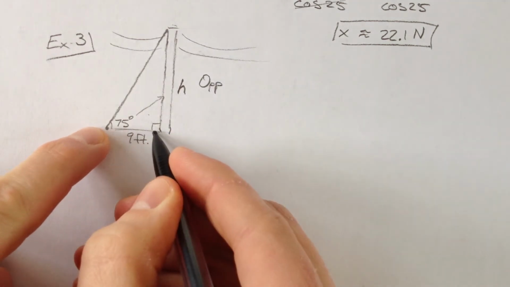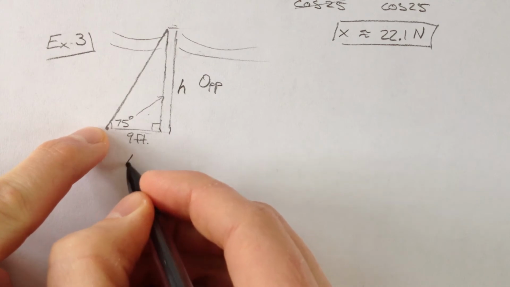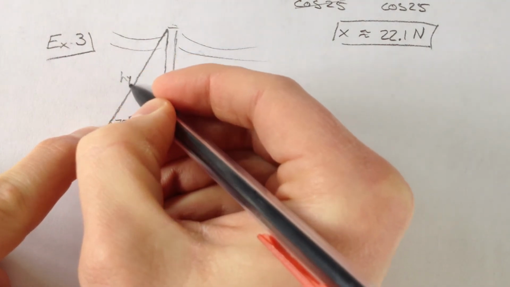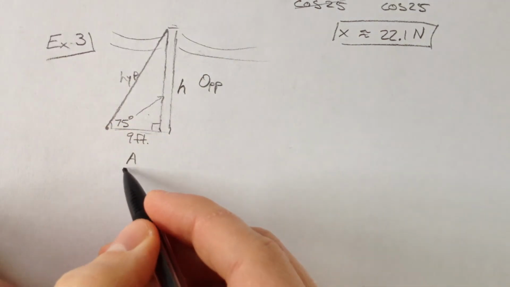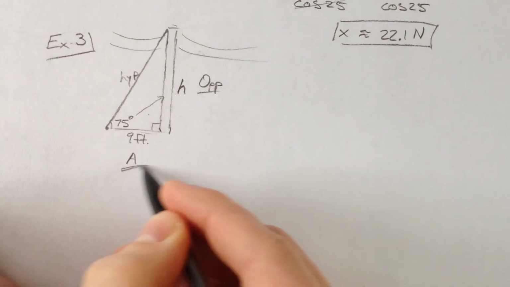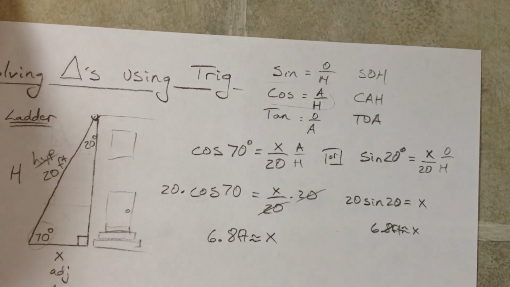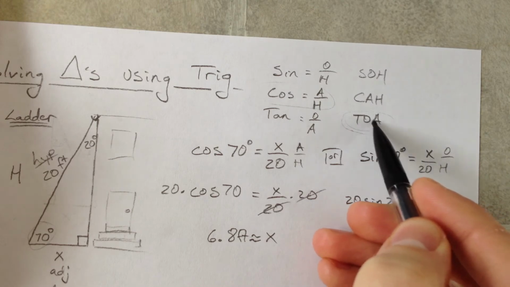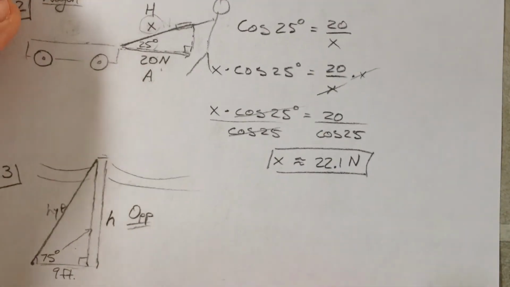And the 9 is next to the 75, so we call that the adjacent side. Notice that this then is the hypotenuse. And so if I want A and O, opposite and adjacent, go back to SOHCAHTOA. SOHCAHTOA, O and A. I want the tangent.